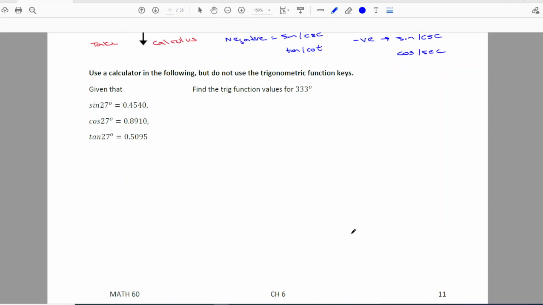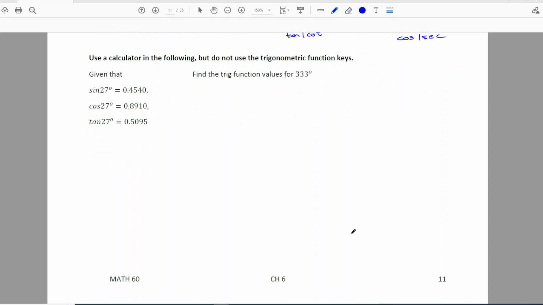This next question I kind of debated. It's a little bit tricky, and I sort of debated whether it was a good question to ask, but I think it's a way of beginning to apply this knowledge. So what you're supposed to do is you can use a calculator, but you're not allowed to use the trig function keys. And I want you to find the trig function values for 333 degrees.